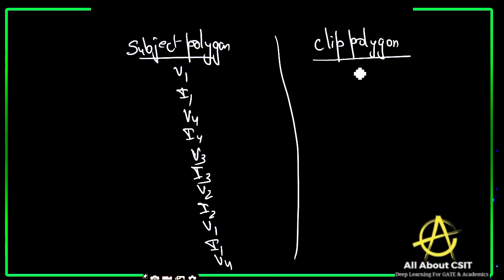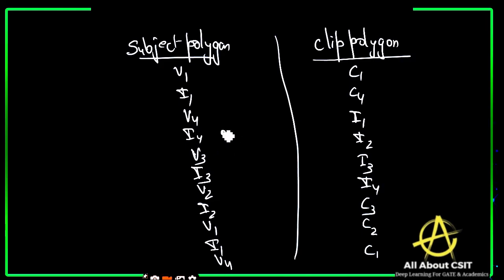The clip polygon: C1, C4, I1, I2, I3, I4, C3, C2, C1. Start at any point and follow the directions. Clip polygon means clip window with intersection, and subject polygon means vertices with intersection.